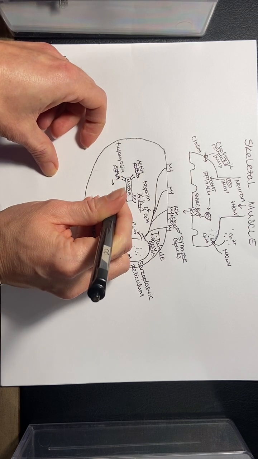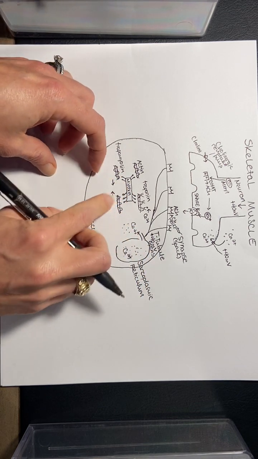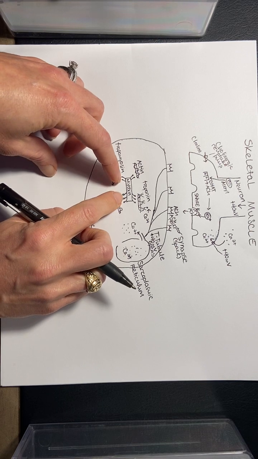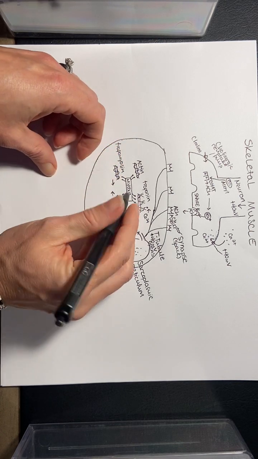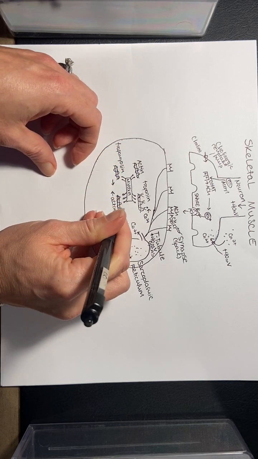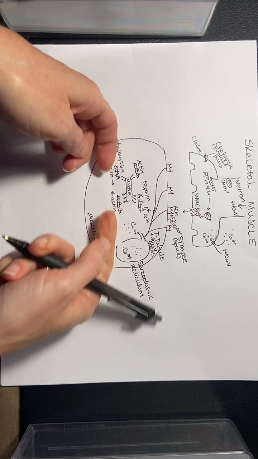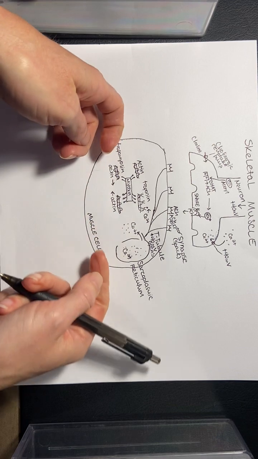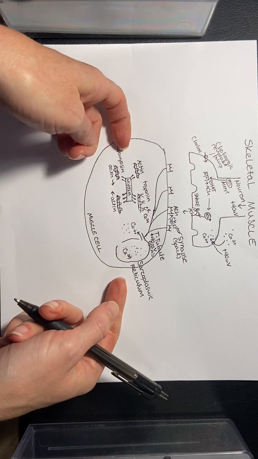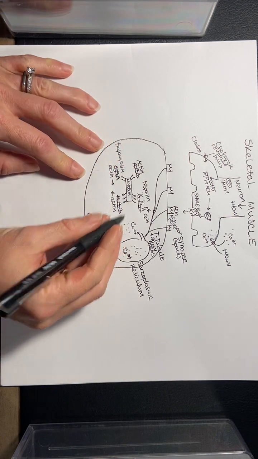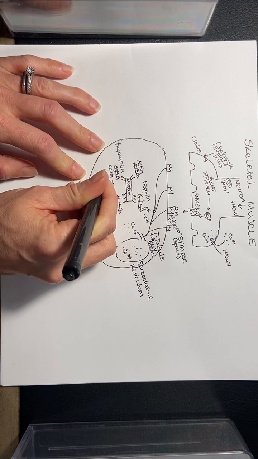So the actin gets pulled together, not the myosin. That myosin stays where it is. The actin gets pulled together, which shortens the entire cell, which shortens all the fibers, which shortens the entire muscle. And when the muscle shortens, that is contraction.